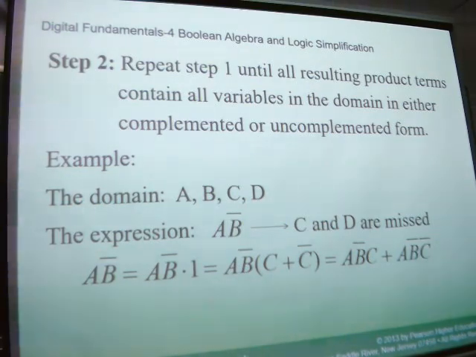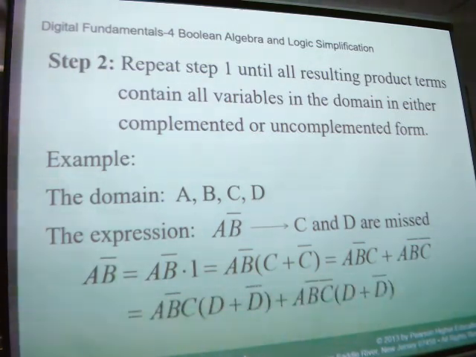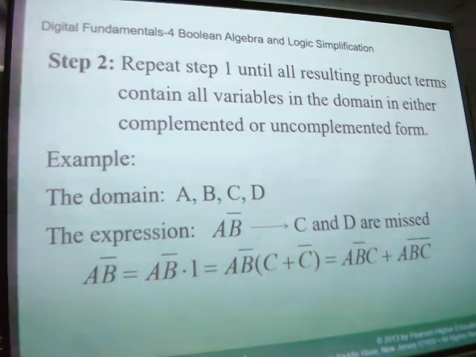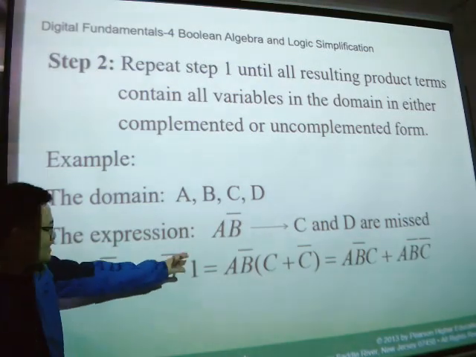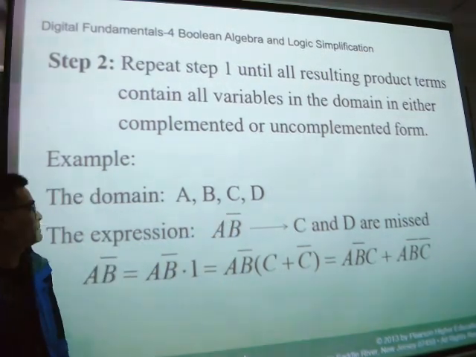The second step is to repeat step 1 until all resulting product terms contain all variables in the domain in either complemented or uncomplemented form. For example, if the domain contains 4 variables A, B, C, and D, then take the product A B bar.